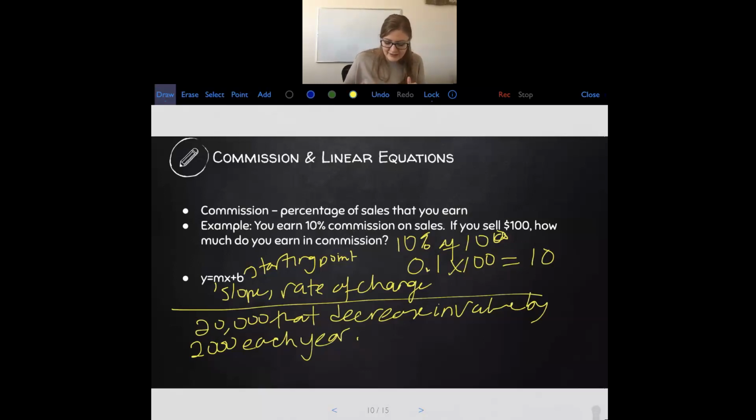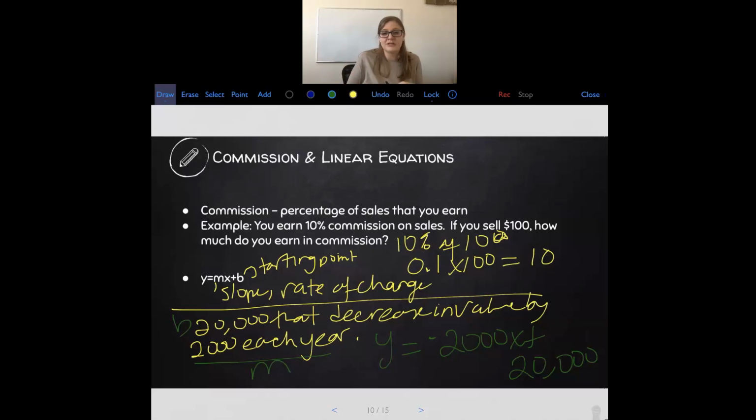So in this scenario, it's decreasing by $2,000 each year, it's decreasing by the same amount in the interval of time. So this would be our slope. Okay, the 20,000 is the starting point, B. So our equation here would be y is equal to negative 2,000x plus 20,000. It's negative 2,000 because the car is losing value, it's decreasing, so we have to have a negative sign there.